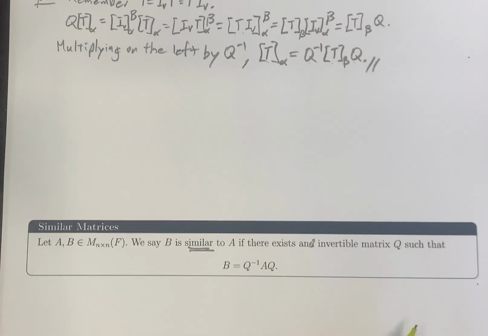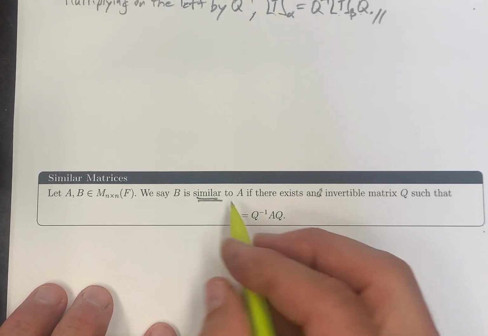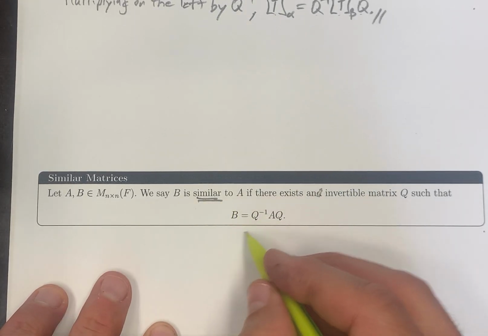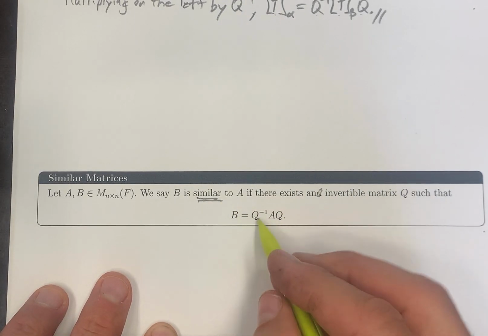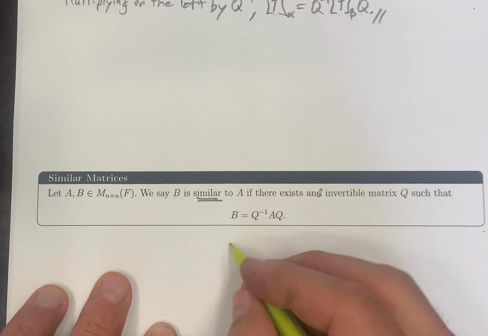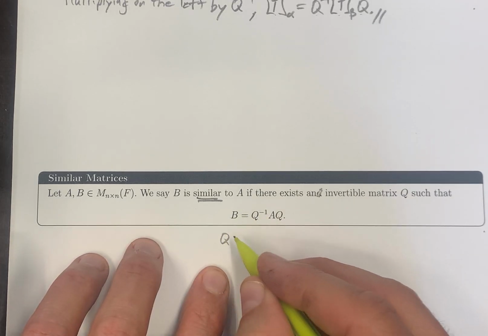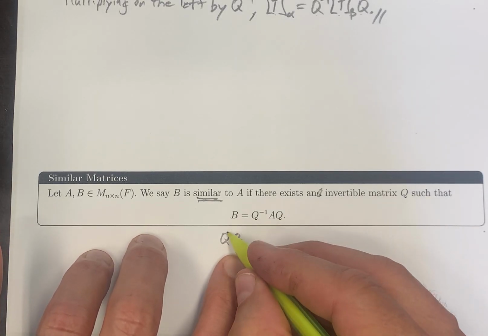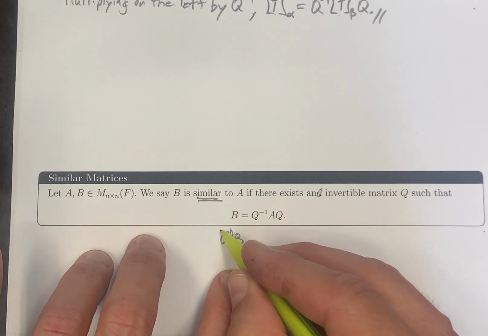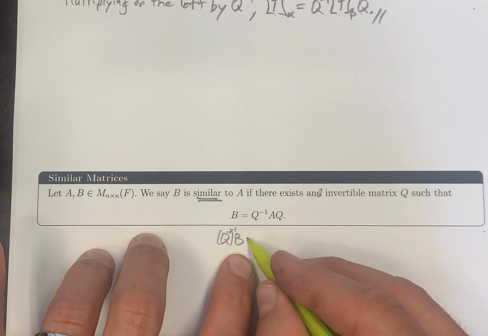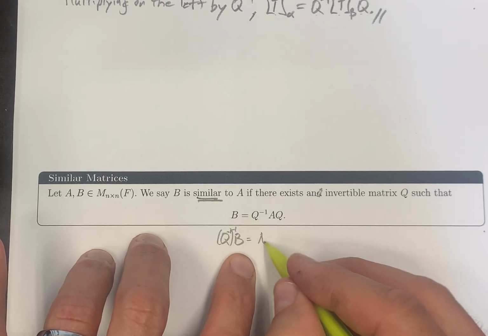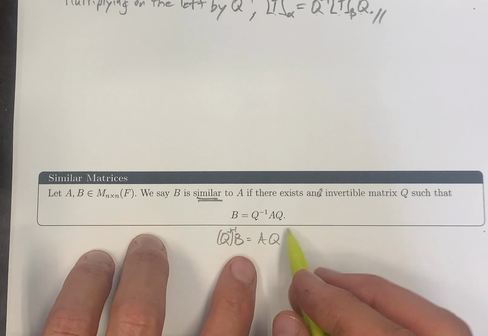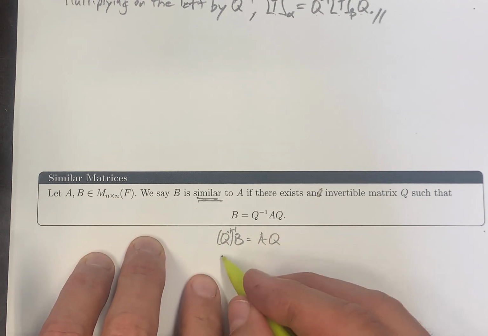And incidentally, this is a symmetric relationship, because if that's true, you can multiply on the left by Q, or you could even say multiply on the left by Q inverse inverse, and then you could multiply on the right by Q inverse.